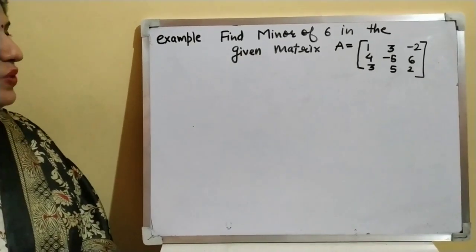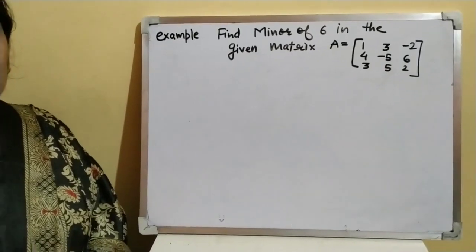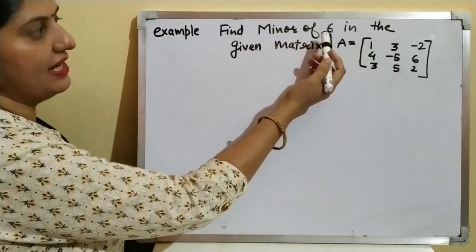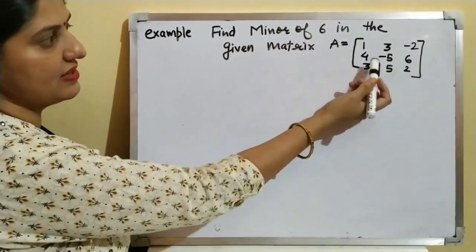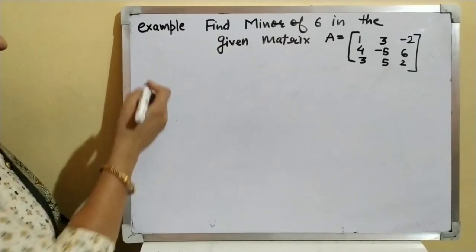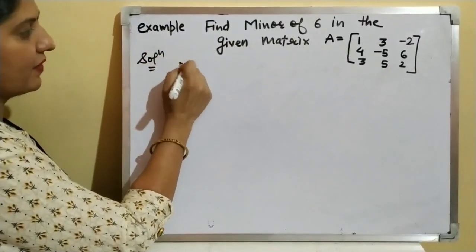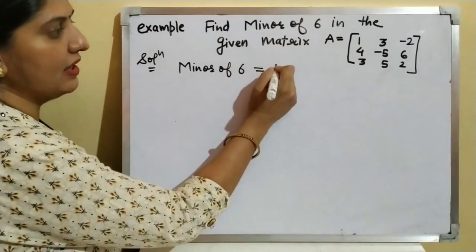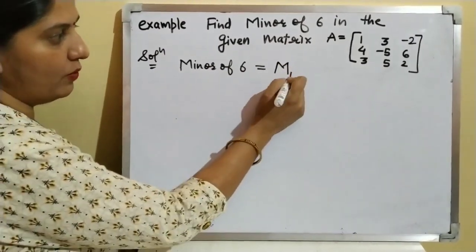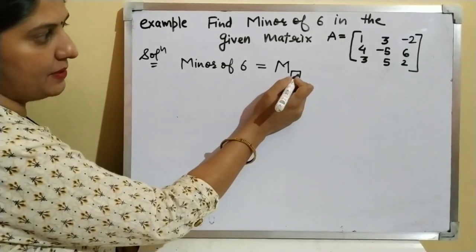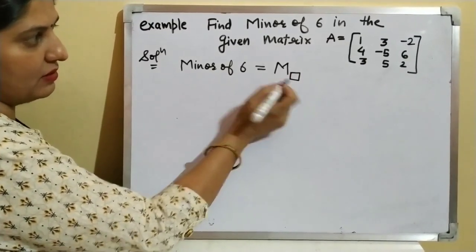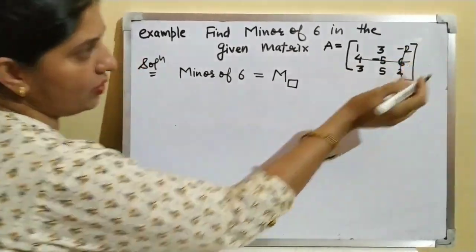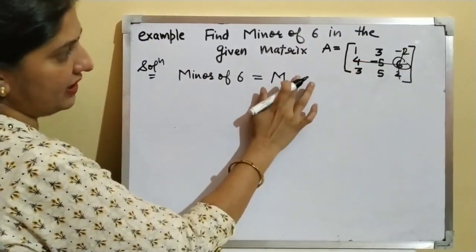Let us consider one example related to the minor of an element. Find the minor of the element 6 in the given matrix A. See here. The minor of 6 is denoted by capital M. Now write the subscript. The element 6 belongs to the second row, third column, so we write 2, 3.